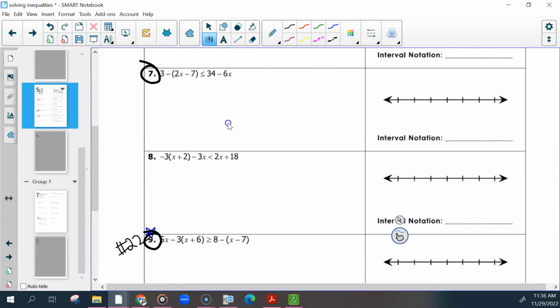So starting with number 7 here. There's a number right after the negative. What is that number? 1. So when you distribute, make sure you're distributing the negative 1, not the 3. So 3 minus 2x plus 7, be careful with your negatives, is less than or equal to 34 minus 6x.